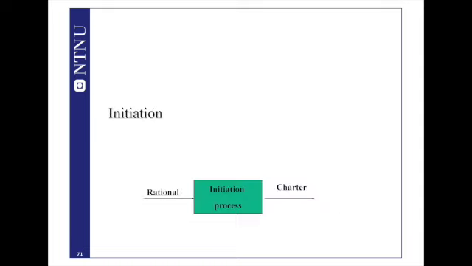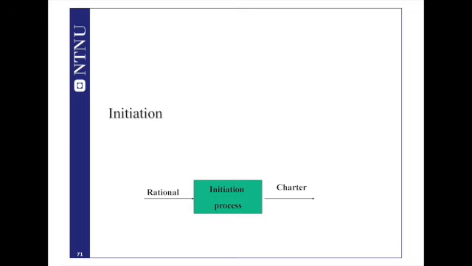We will look a little bit more closely at this project initiation process. We said previously that project initiation is a part of the project life cycle. It is where we define the preliminary scope of your project, and the planning phase is based on the outcome of the initiation phase.